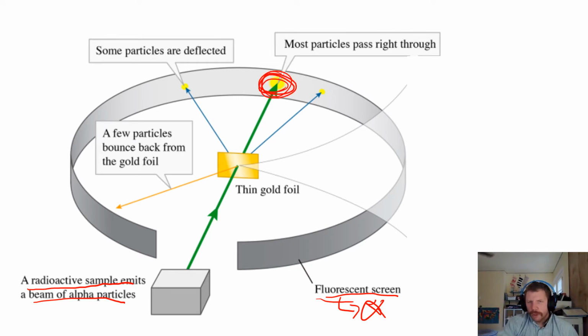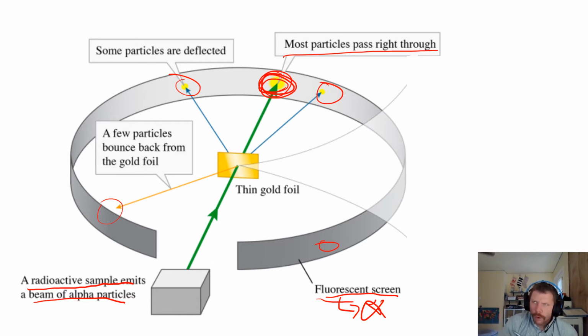But what was observed by Rutherford was that the alpha particles did mostly go straight through, but there were alpha particles detected here, here, and basically in a complete radius. They were detected all over, okay?